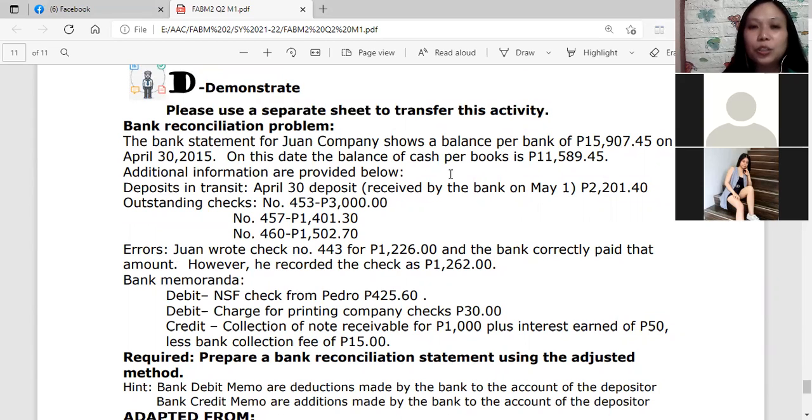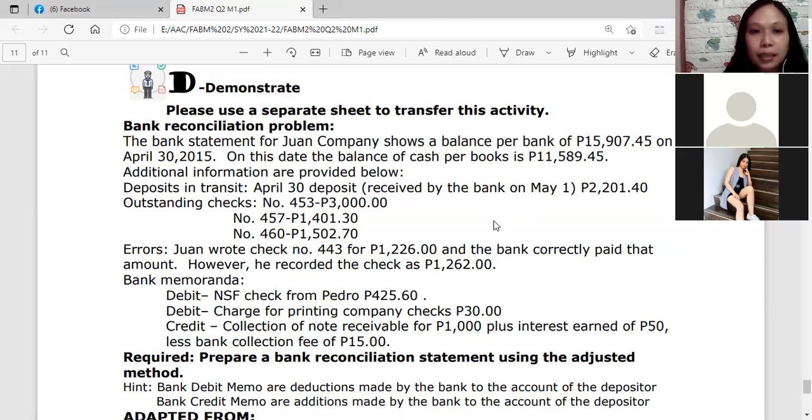So this is what you're going to do. You will do the adjusted bank statement, the one that I showed you earlier, kadto nga format inyong buhaton. You are going to put there the company's name. So that's Juan Company. You will put the name of the statement, so this is the bank reconciliation statement. And then you are going to put there also the date.